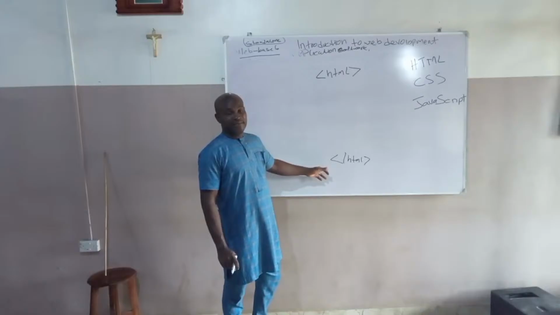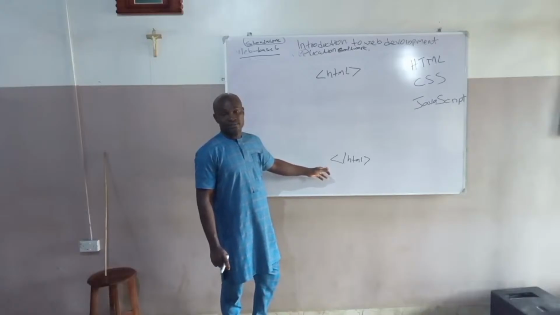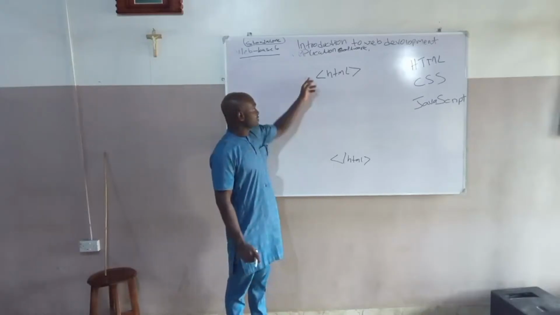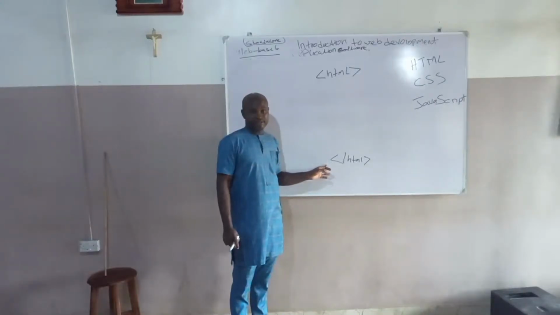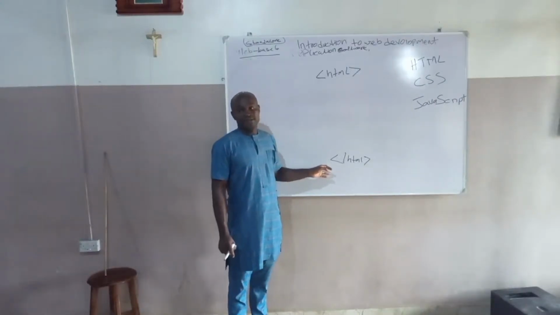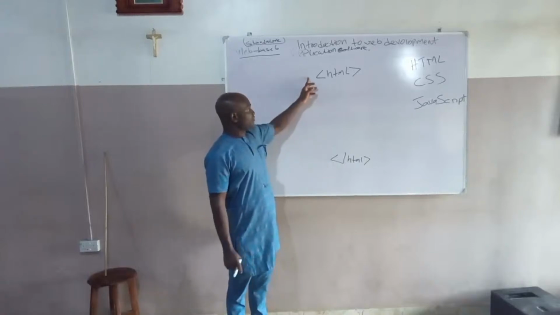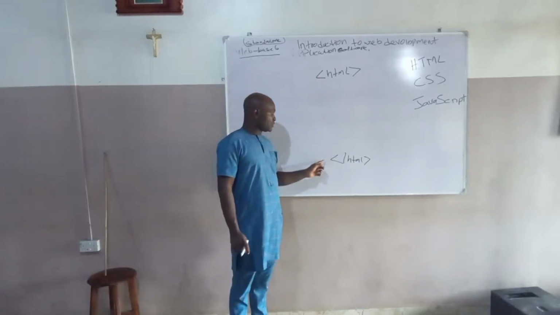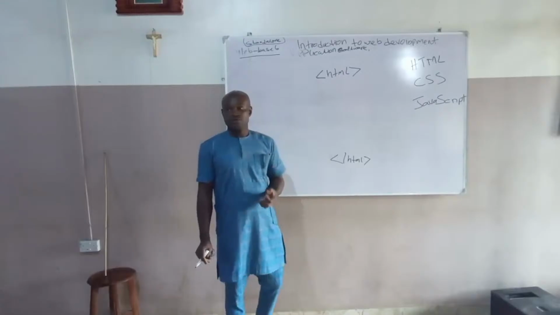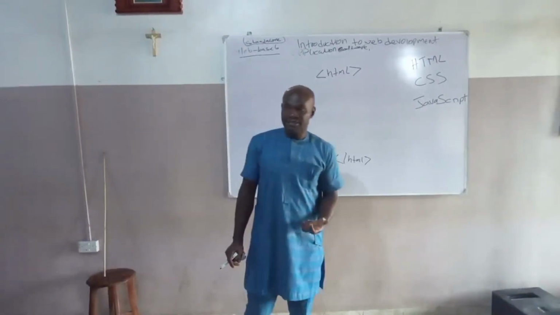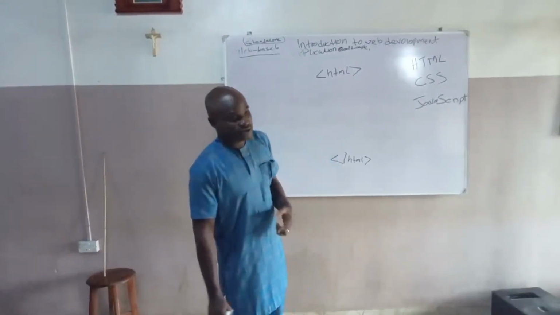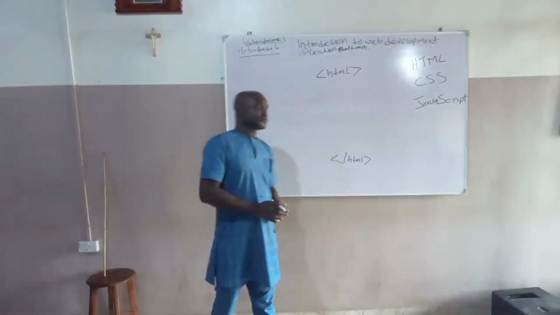And I said an element has an opening and closing tag. So automatically this is an what? An element. Now, in this case, the HTML opening tag and the HTML closing tag is known as what? Root element. The root what? Element. Are you following?